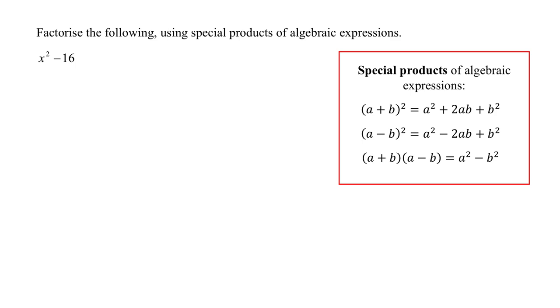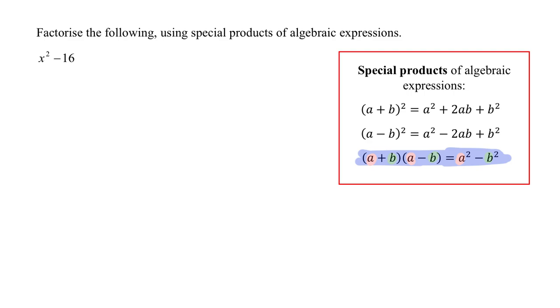I saw two terms. Then this should be what we are going to use to factorize, and I do need to make sure I know which one is my A and what is my B so that I can later on substitute my A and my B accordingly.